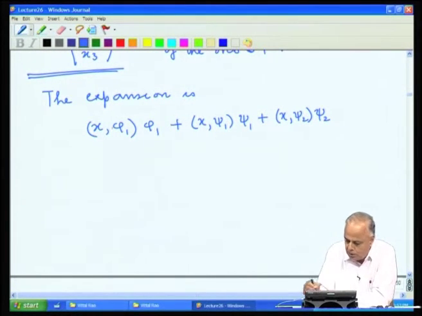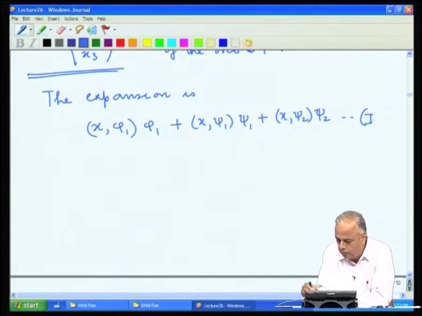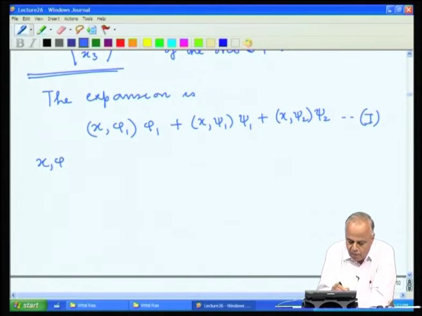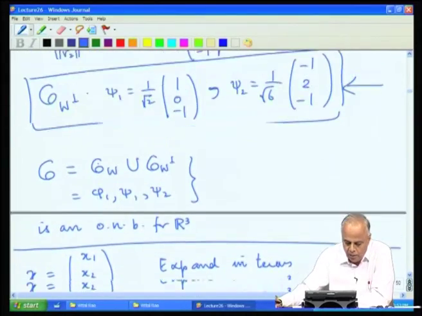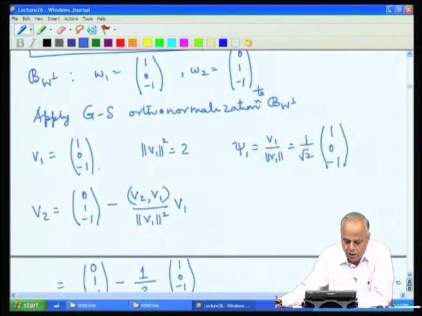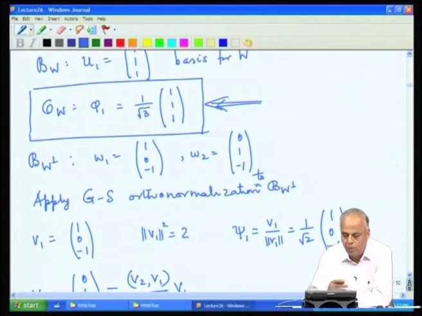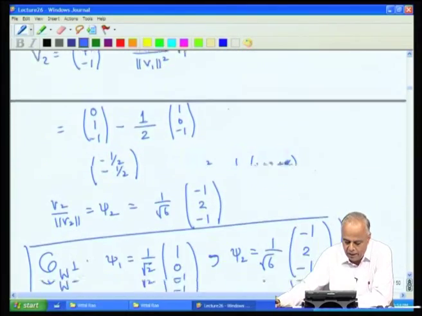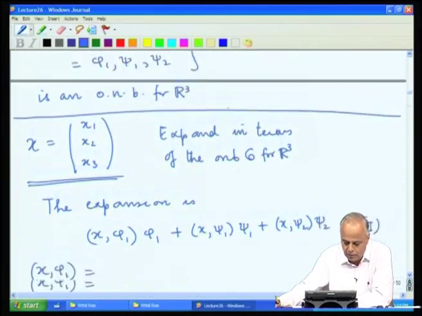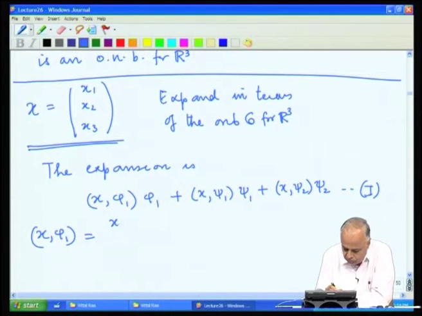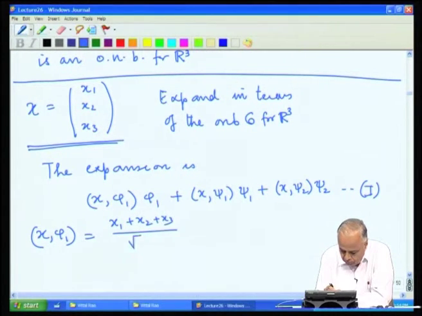So, let us call this 1. What is x dot phi 1? We have phi 1 is this vector 1 by root 3 into 1 1 1. So, if I dot product x with that, I get (x 1 plus x 2 plus x 3) by root 3. Next, what is x dot psi 1?